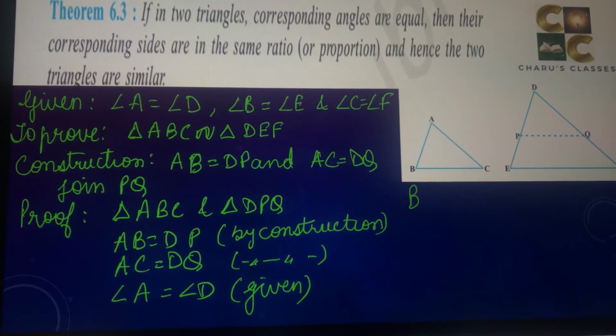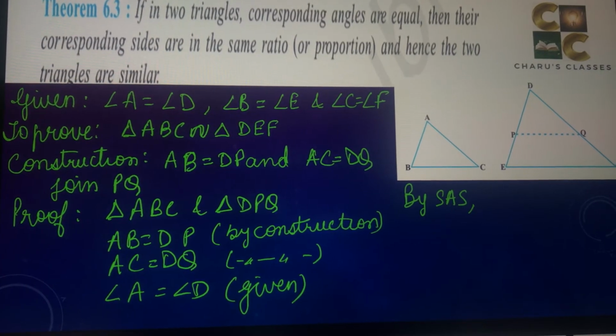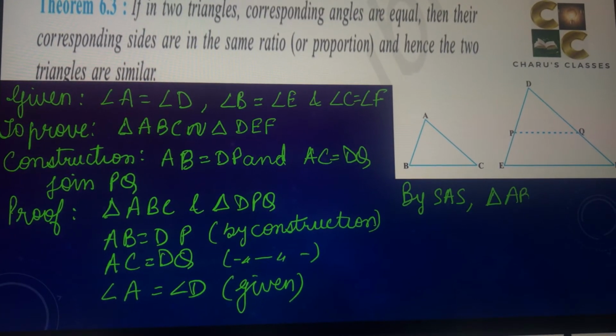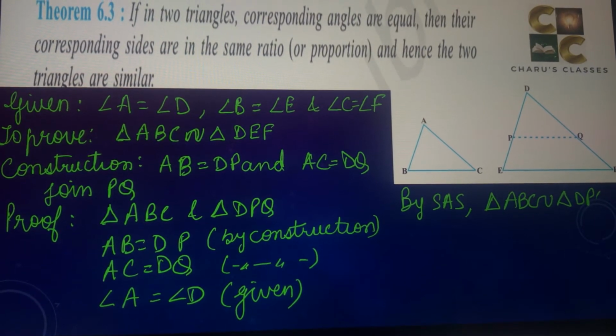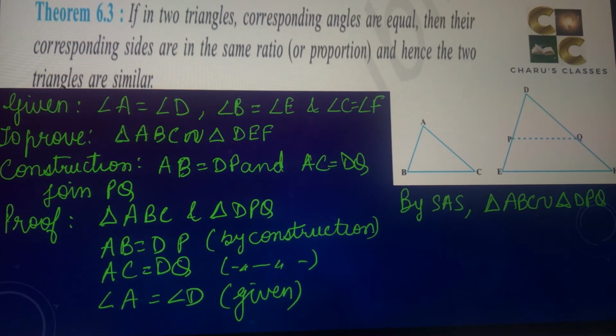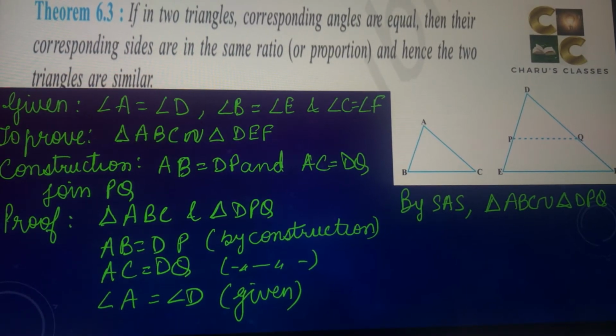So we can say by SAS criteria, triangle ABC is congruent to triangle DPQ. So we have got these two triangles congruent by SAS criteria.